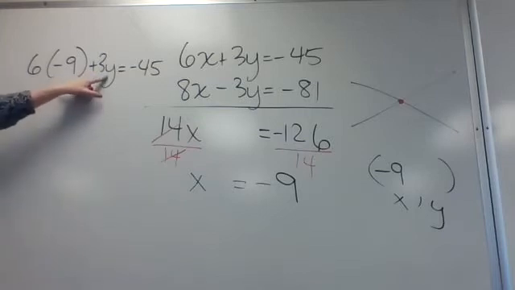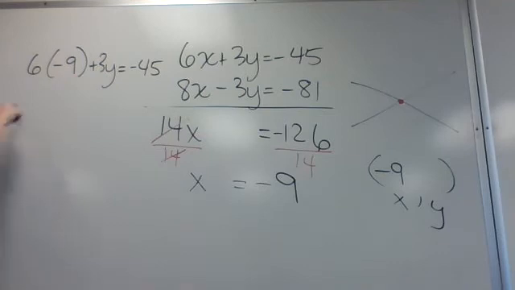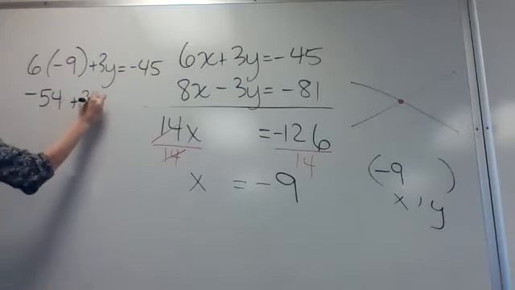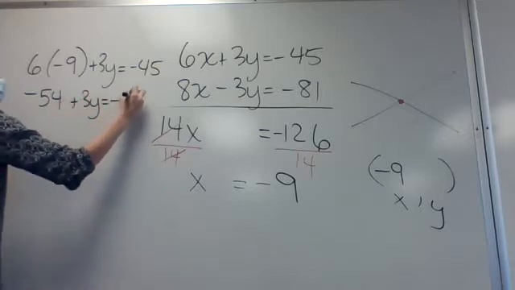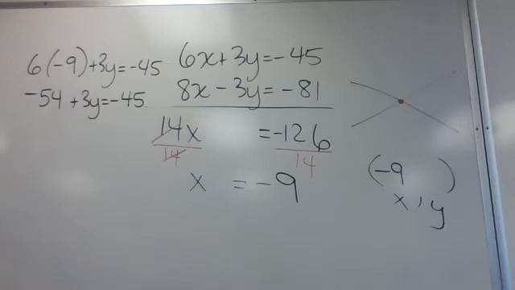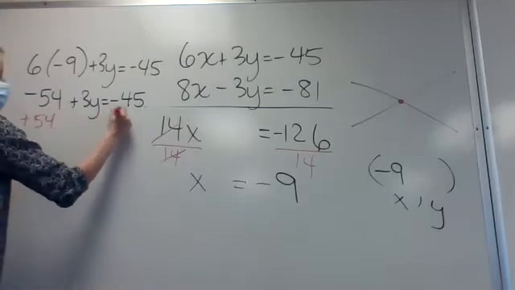So now the only unknown I have is the y. So I'm going to solve for it. 6 times -9 is -54. Plus 3y equals -45. Solving for y, so get rid of the -54 with a +54.